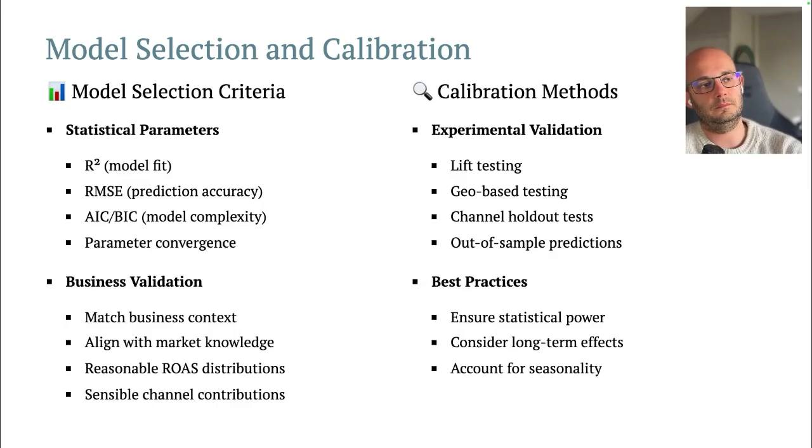And after that you have AIC and BIC. This is for model complexity, because you can overfit a model. You can have too many parameters.